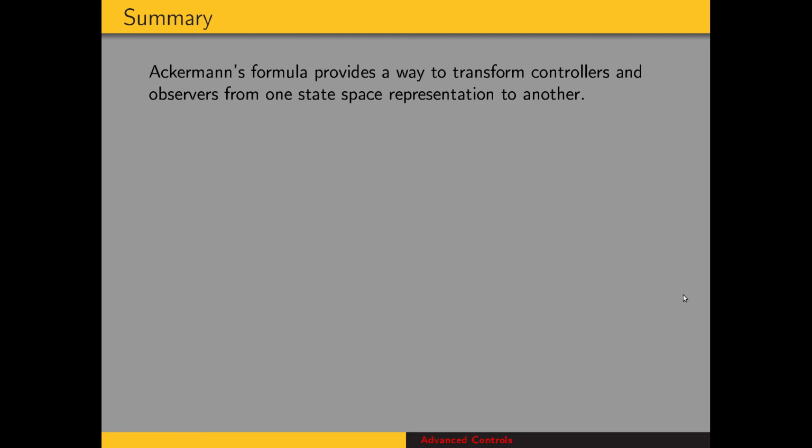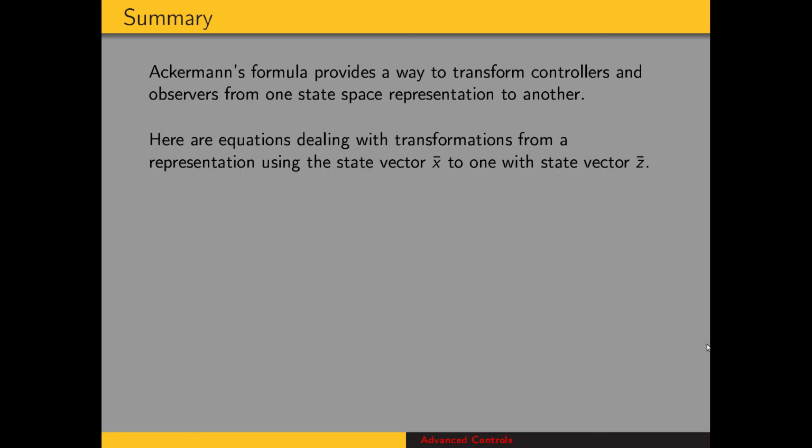This slide summarizes what went on in this video. We saw that Ackermann's formula provides a way to transform controllers and observers from one state space representation to another, and we saw the equations for using that formula, and here they are again. If we were using the state vector x bar and the state vector z bar representing the state space representation that we want to use, here's the transformation matrix P to go from x bar to z bar.